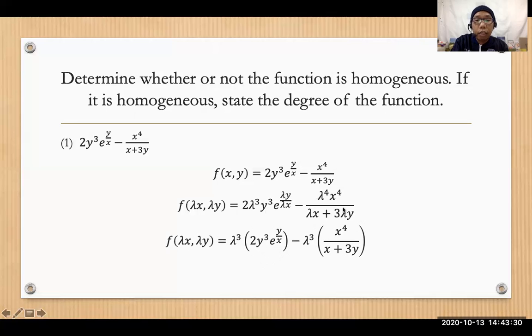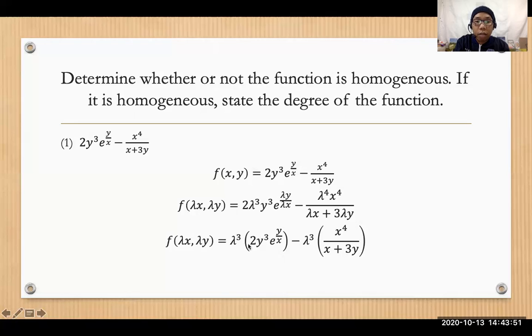And for the second term, in your denominator you have a common factor, and that is lambda. So you can factor out lambda here, and then you divide lambda raised to 4 by lambda, and we have lambda cubed in this term. So as you can see, we have a common factor, which is lambda cubed.